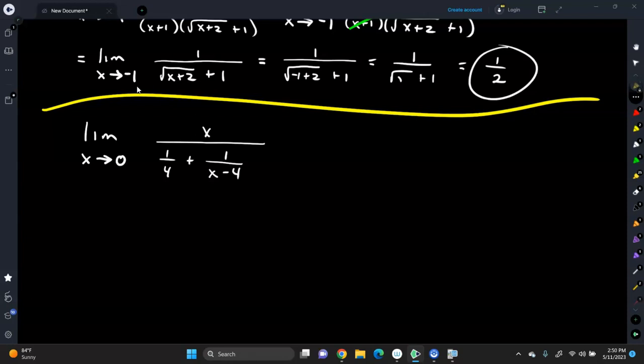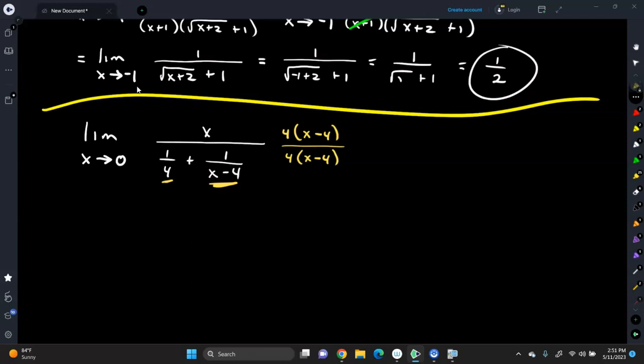So we're going to multiply by, I've got 4 and I've got x minus 4. That's what we're going to multiply by, on the top and the bottom. Okay, we're simplifying a complex rational expression.